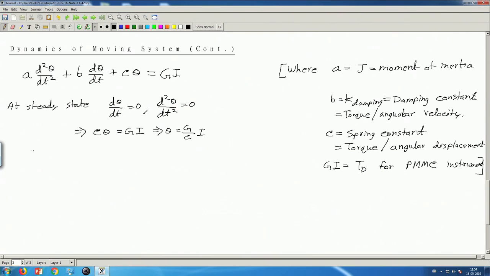Let us assume I is suddenly applied. That means I was, say, 0 for some time initially, and then it becomes like this. So, this is a step function.